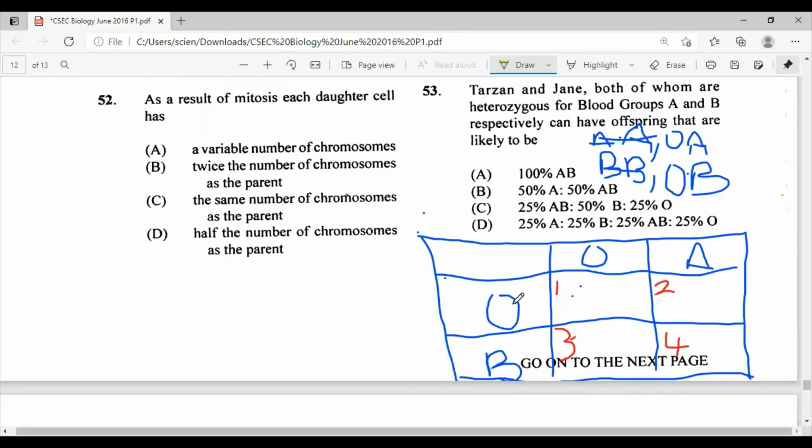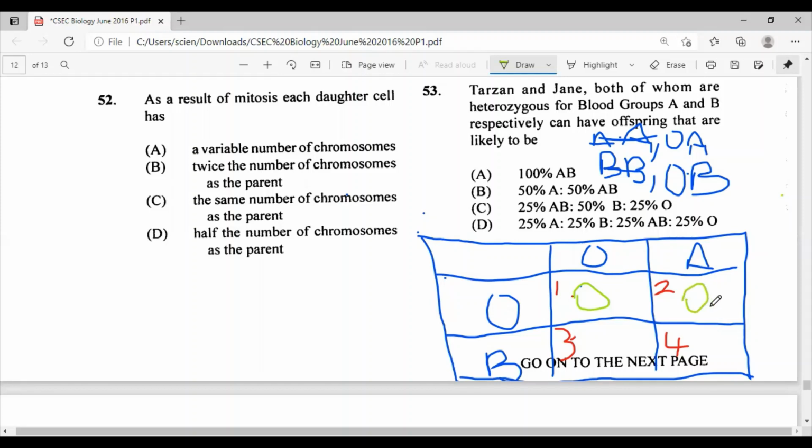So if we were to do the genetic crossing using the Punnett square, the first possibility or the first child would definitely have OO as their genotype. So you don't have to put both O's. You can just use one big O to represent OO. So we have 2 would be this O times A, so we'd have OA.